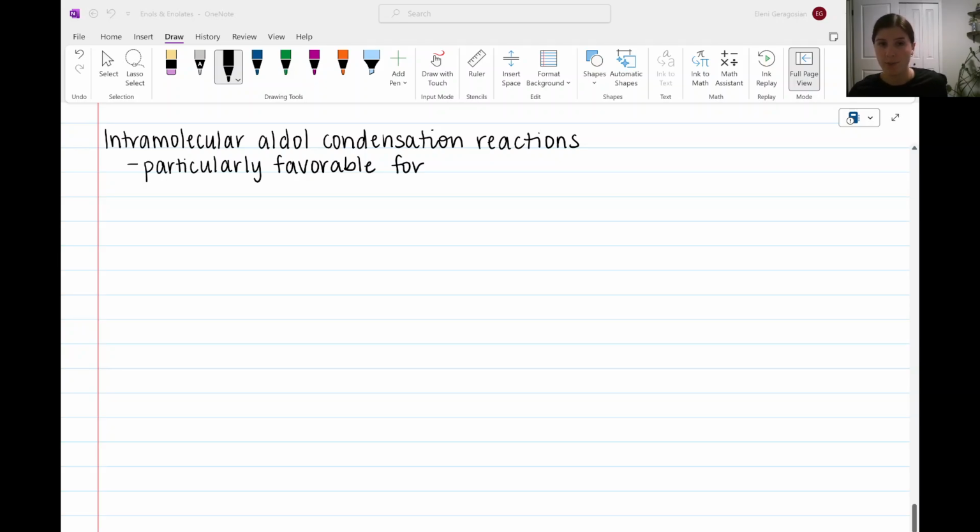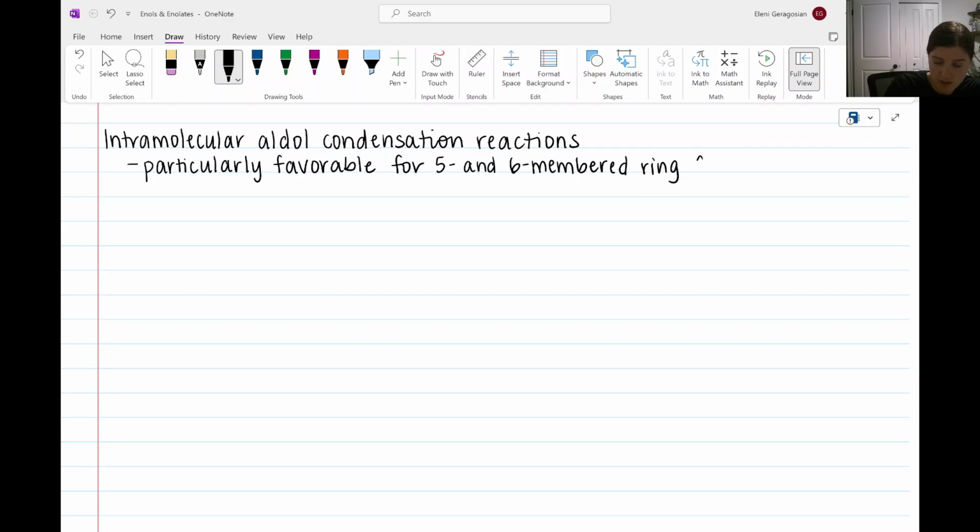As with all intramolecular reactions that form rings, this one is particularly favorable for 5 and 6 membered ring formation. Remember, 5 and 6 membered rings are especially stable. So let's look at an example.